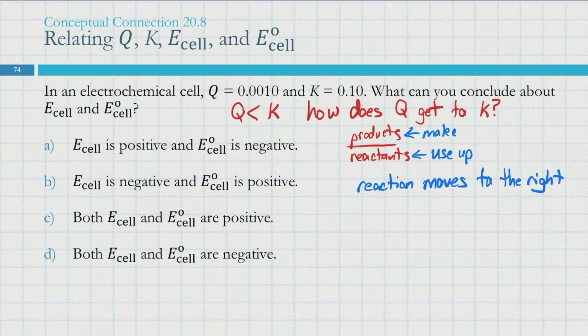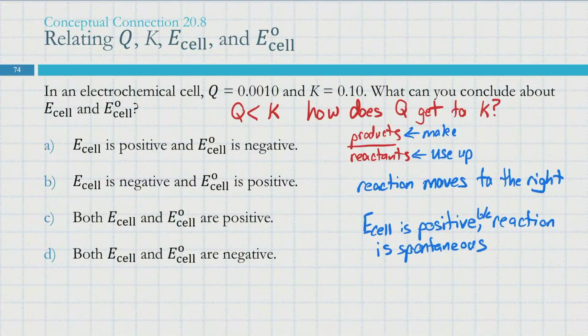What does that tell us? This tells us that our E cell is positive, because the reaction is spontaneous. Okay, so E cell is positive.